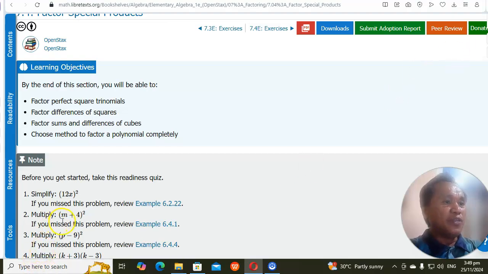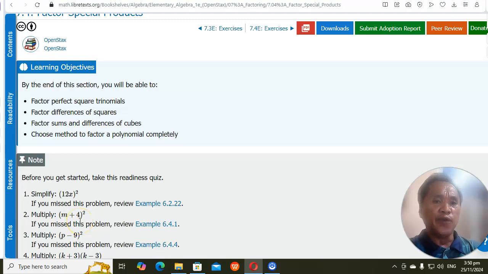And then you have to multiply (m + 4) quantity squared. Okay, so how do you get the product? To get the product, you are going to square the first term. Okay, you will get m squared for the first term in the product. Then you are going to multiply the first term and the second term.